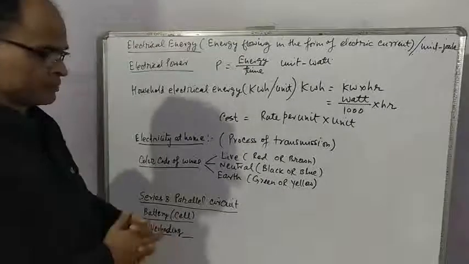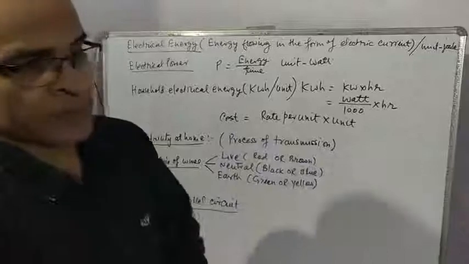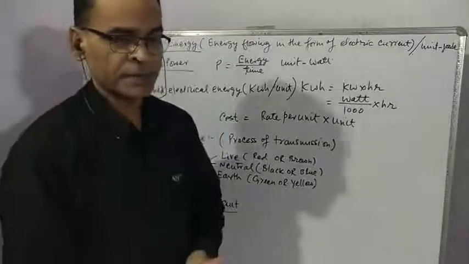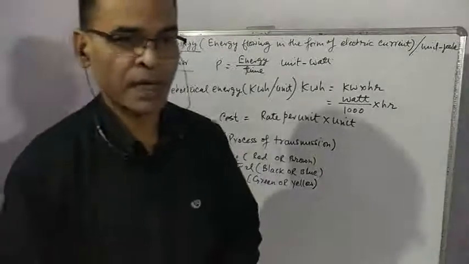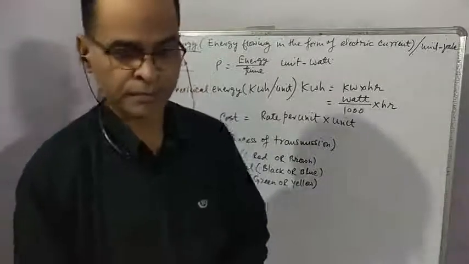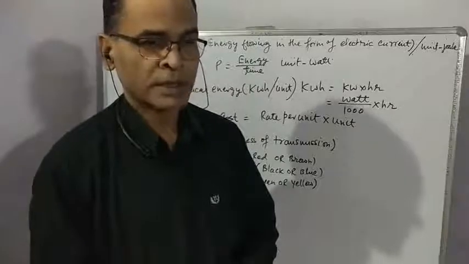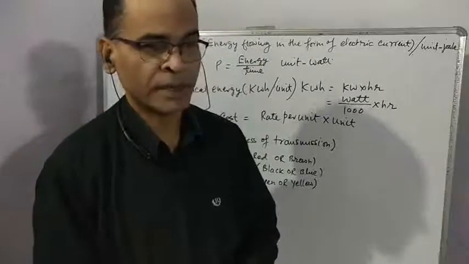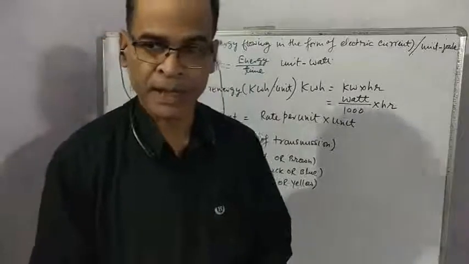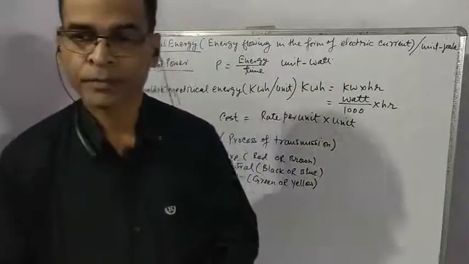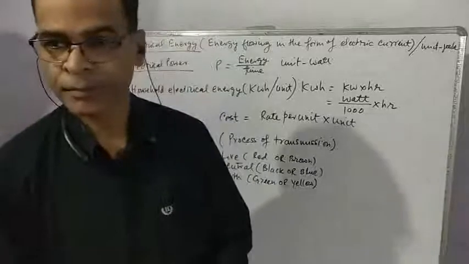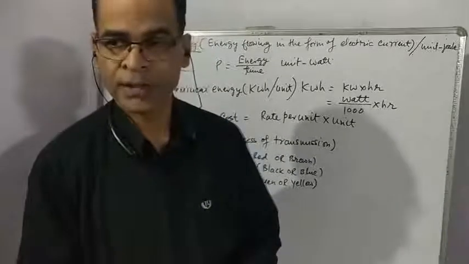Battery or cell. A cell is a device which is used to convert chemical energy into electrical energy. A cell is filled with a suitable chemical. When a cell is connected to some circuit, chemical reactions take place inside the cell.